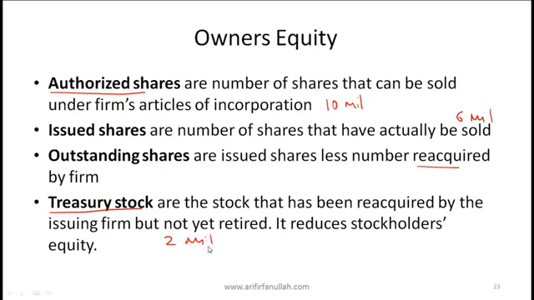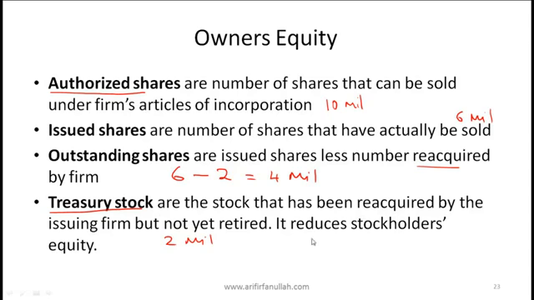Then the number of shares outstanding would be 6 million, which was the number originally issued, minus the shares reacquired through the treasury stock operation, which will give us 4 million. So this is an example of a treasury stock operation. Notice that the treasury stock operation reduces shareholder equity.